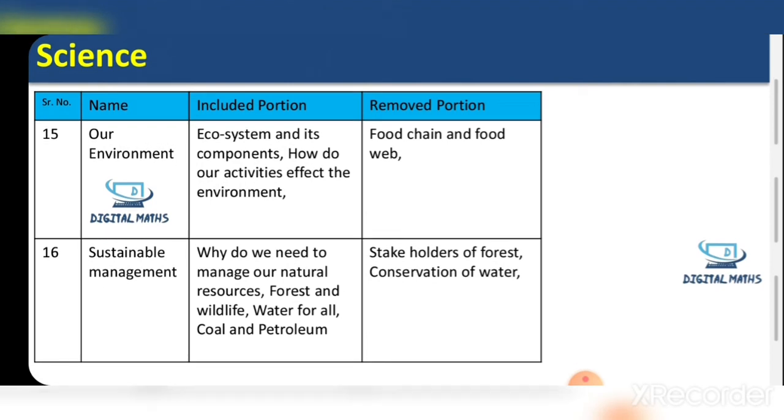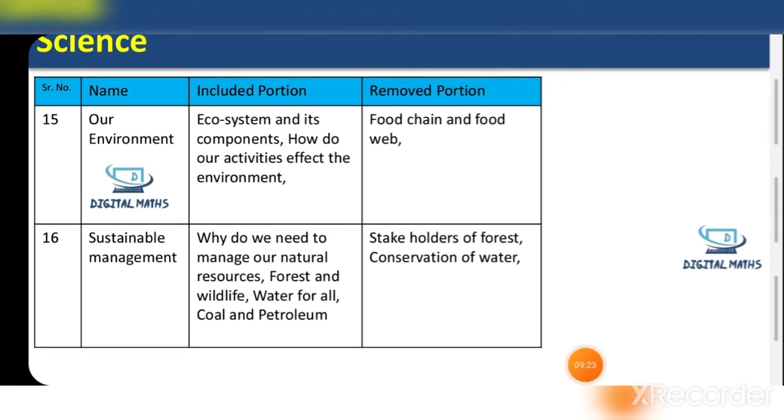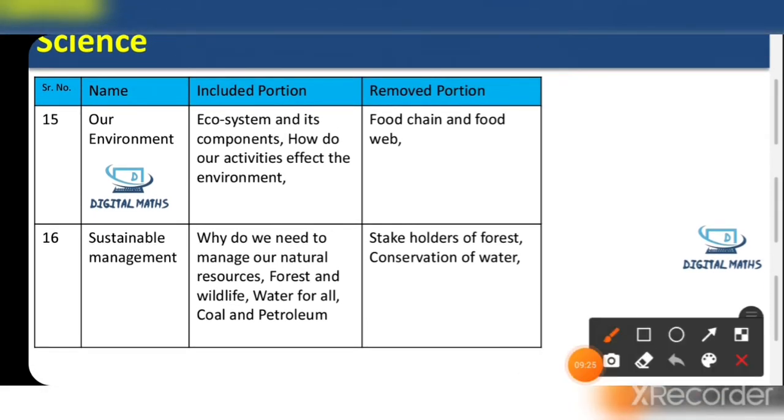Now we have to see the included portion and removed portion from chapters number 15 and 16. Chapter number 15, Our Environment. Included portion: ecosystem and its components, how do our activities affect the environment. Removed portion: food chain and food web, all are removed.